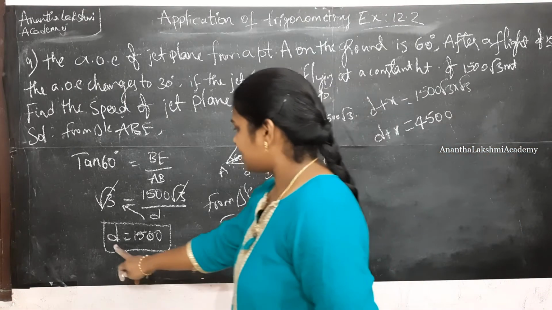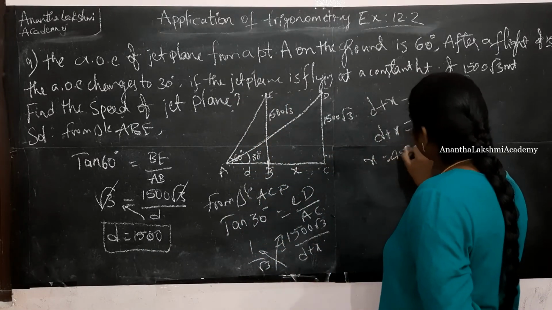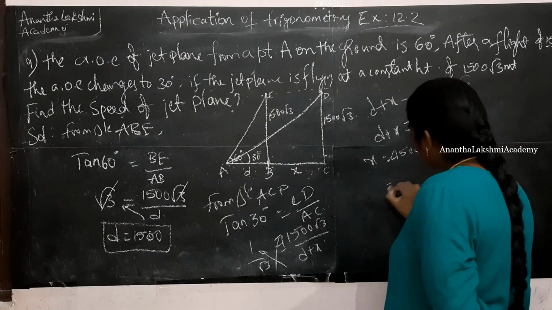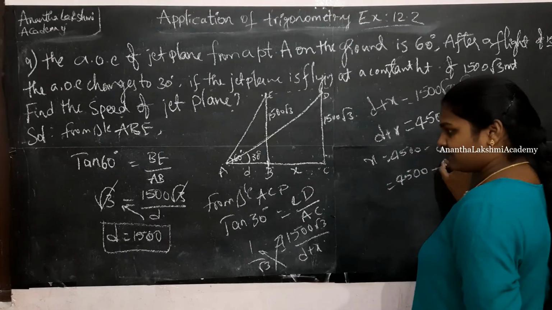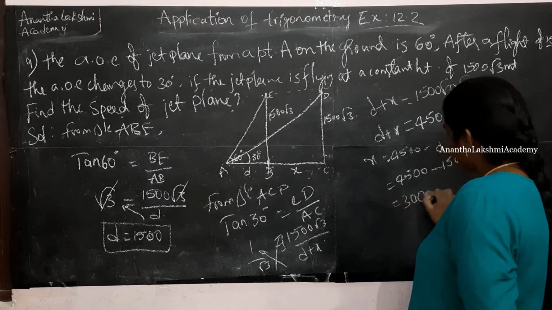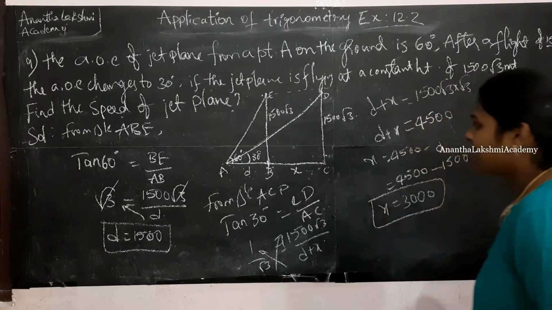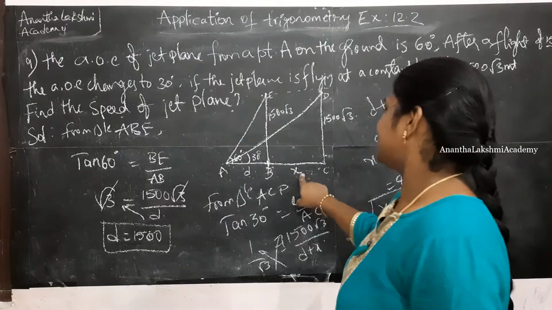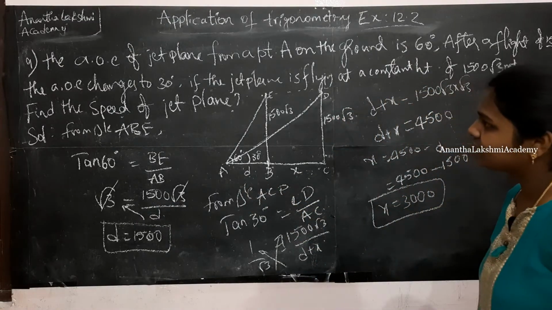But D is 1500. So X is equal to 4500 minus 1500, which is 3000. X is equal to 3000. This distance is 3000, and this distance is 1500.